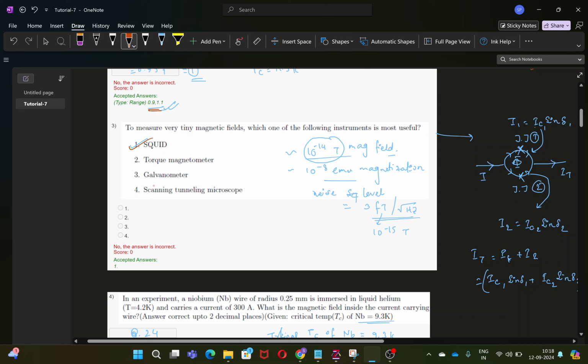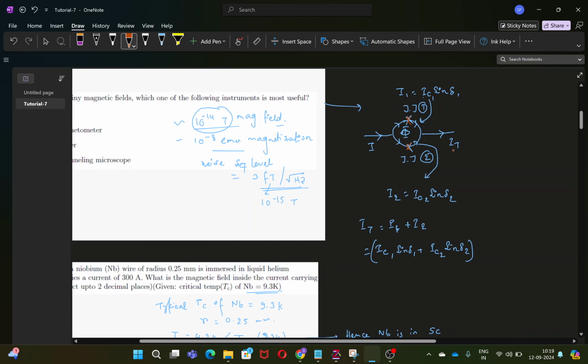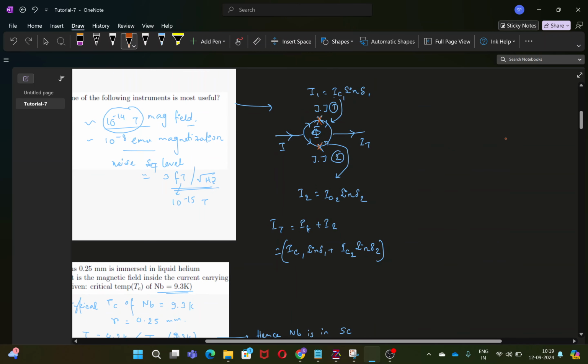Now SQUID is basically a device which is formed by two Josephson junctions, like this picture. This is a schematic of the SQUID where this part is one Josephson junction and this part is the other Josephson junction. So in other words, you can draw it like this, a loop-like thing.